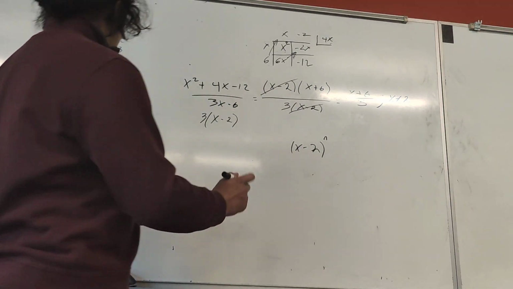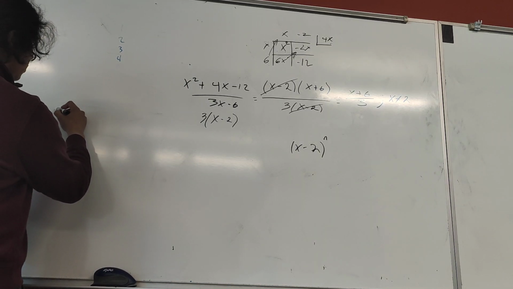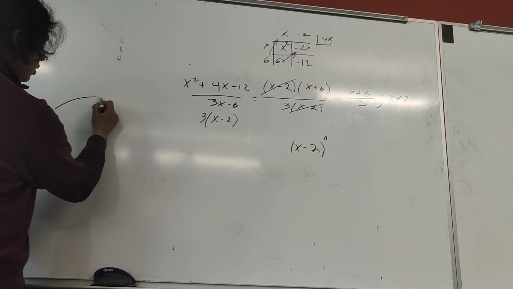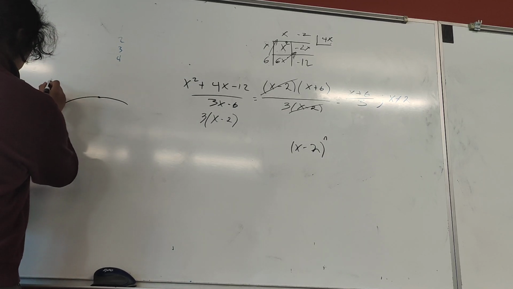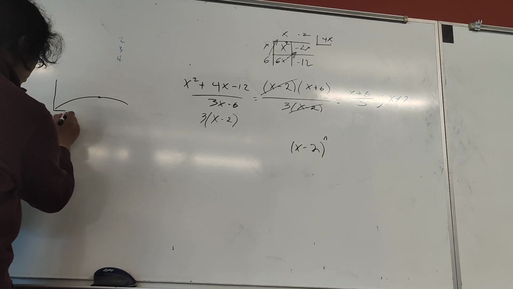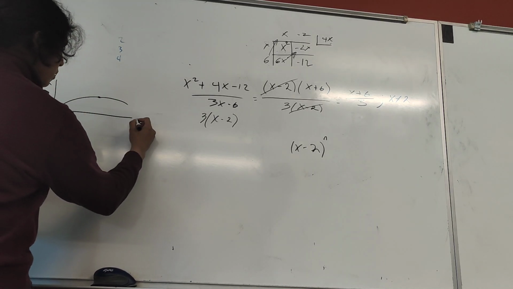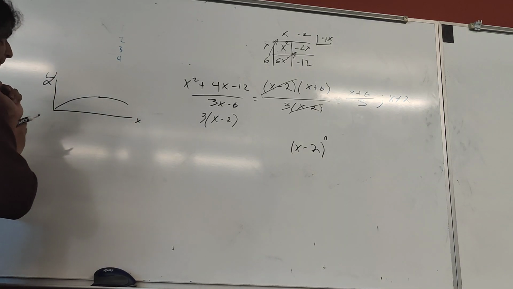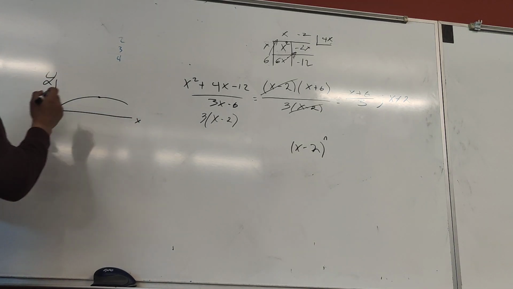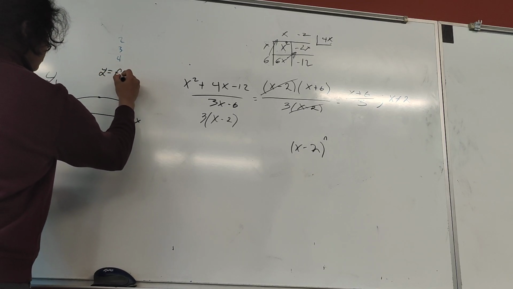Limits are basically, I don't know if you can see it. So with limits, we have a dot here. A limit, let's say, and y is equal to f of x.